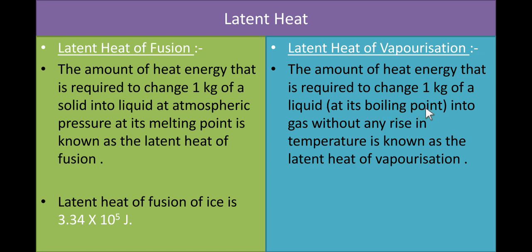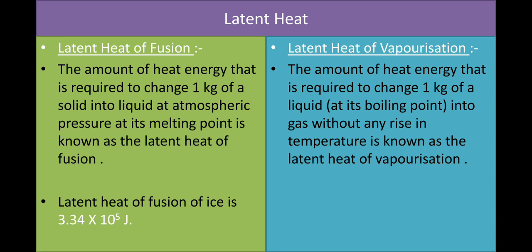Beyond this point, the energy supplied to the liquid is used to change the state of the matter, that is liquid to gas, and temperature does not rise until all the liquid changes into gas. After all the liquid changes into gas, then temperature again rises.